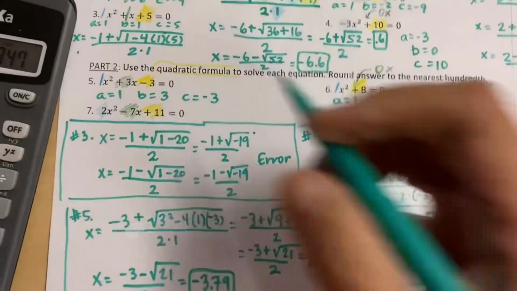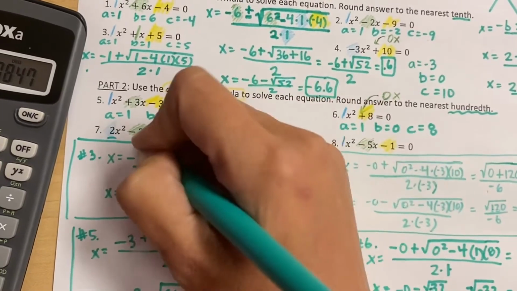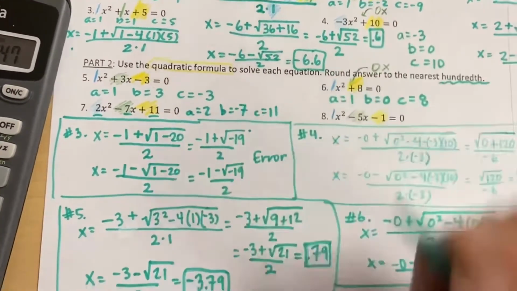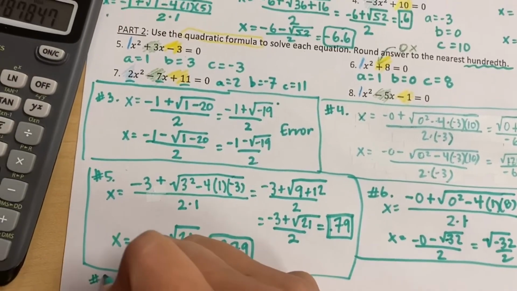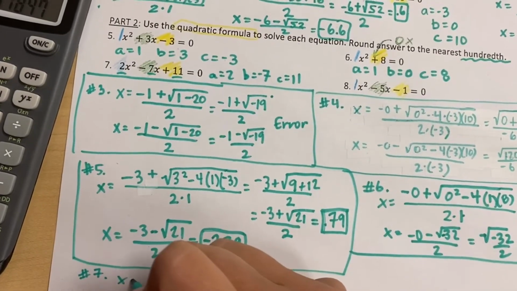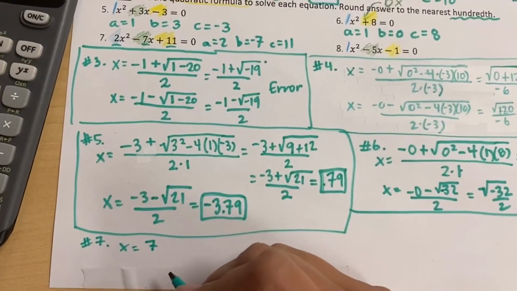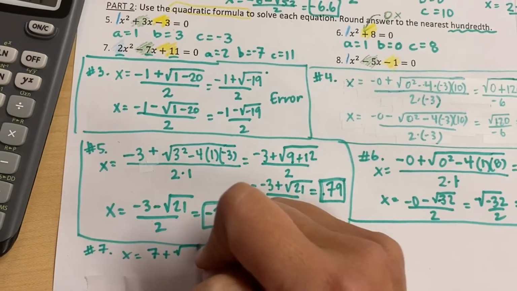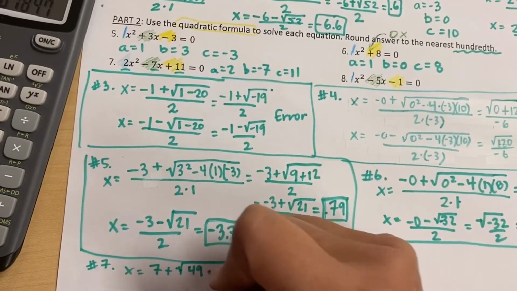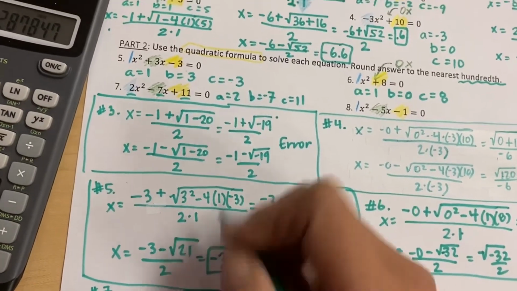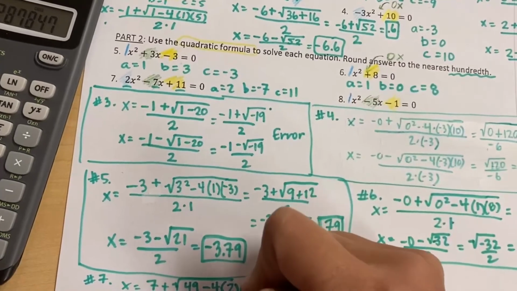Question number 7. A here is 2, B is negative 7, and C is 11. Okay, so we get number 7. We get x is equal to negative 7, or positive 7, plus the square root of negative 7 times negative 7, that'd be 49, minus 4, times A, which is 2, times C, which is 11.